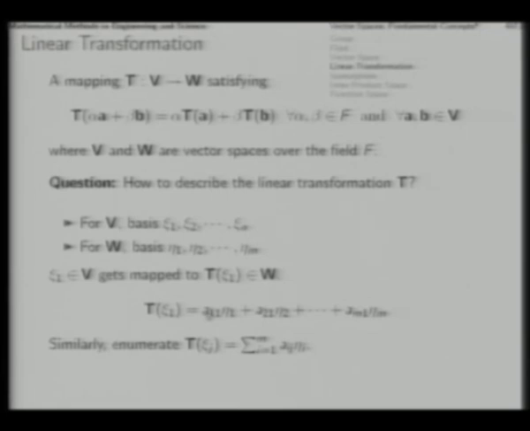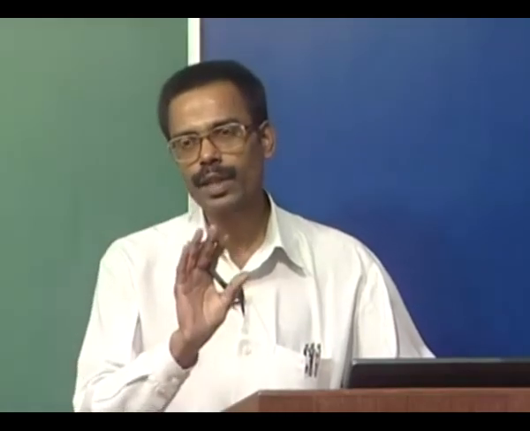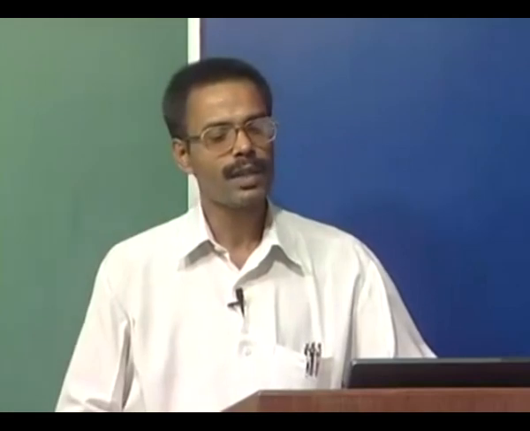That description is as a linear combination of the basis members of W. Suppose it is like this, where A11, A21, A31 etc. are the scalars in F. Then this is a description of how xi 1 gets mapped, and that will immediately give the description of how all alpha 1 xi 1 type of vectors in V get mapped, right.